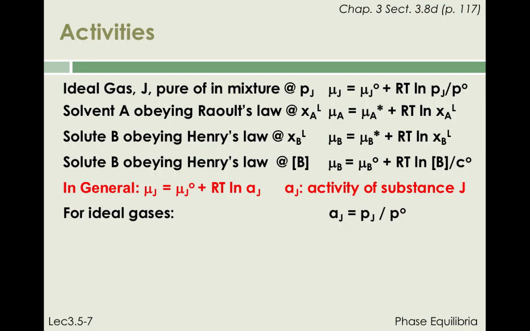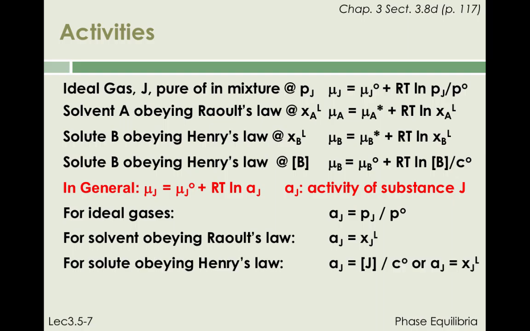For ideal gases, the activity is simply the ratio of the partial pressure over the standard pressure. For a solvent obeying Raoult's law, the activity is the mole fraction of the solvent. For a solute obeying Henry's law, the activity can be the mole fraction of solute or the solute molarity.